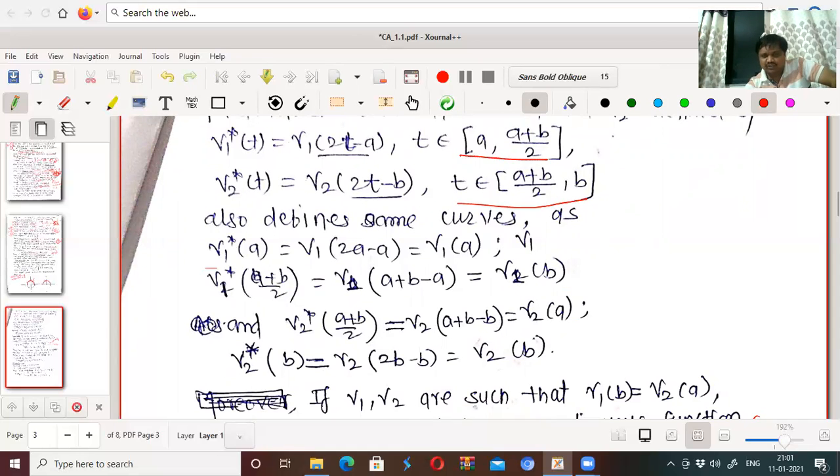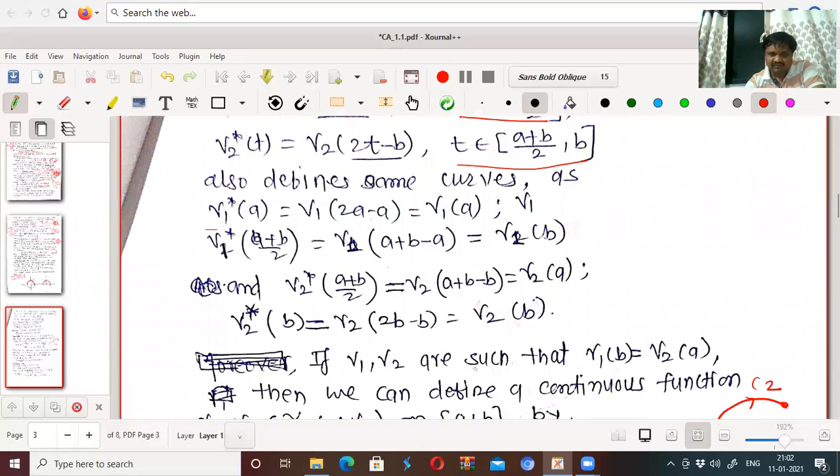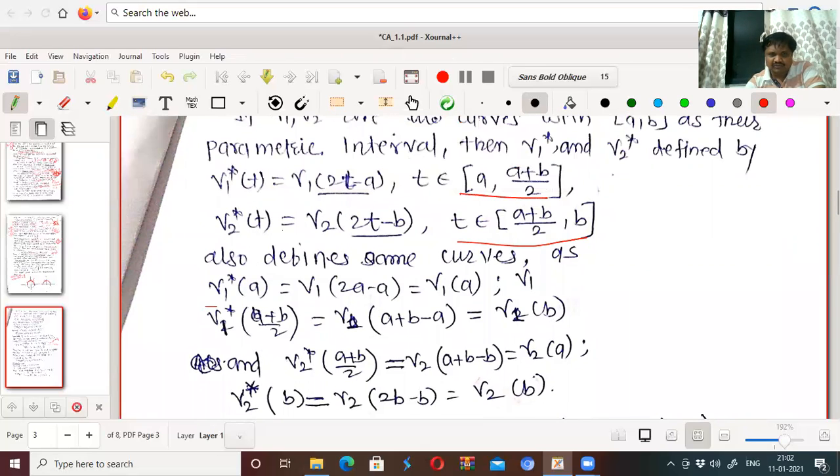That means for these two curves, if the terminal point is the same as the initial point, gamma 1 star at a plus b by 2 is the same as gamma 2 star at a plus b by 2. So the end point of the first curve must be the same as the initial point of the second curve.